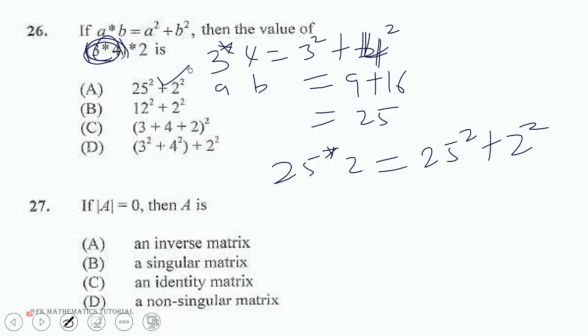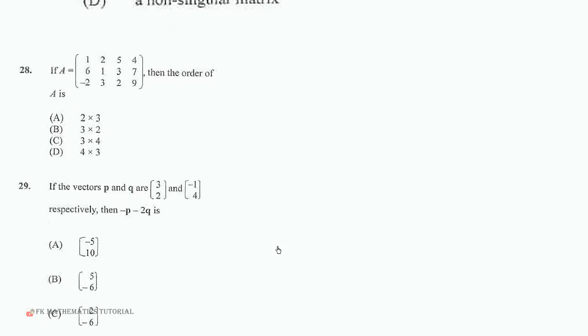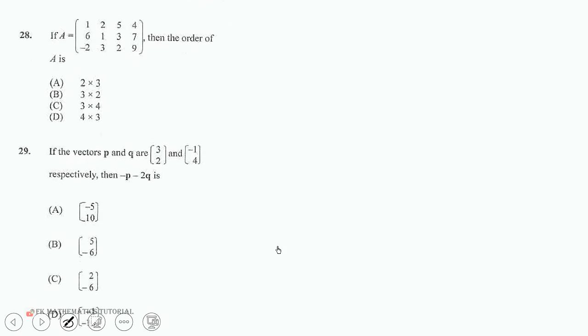If the determinant of matrix A is 0, then A is a singular matrix. It has no inverse. If A equals this matrix as you are seeing, then the order of A is. The order of a matrix is given by row by column.